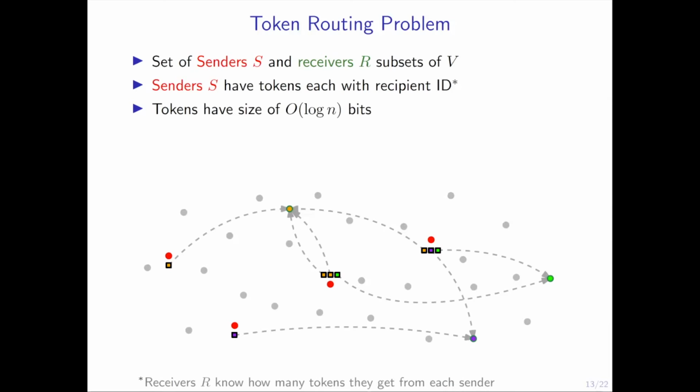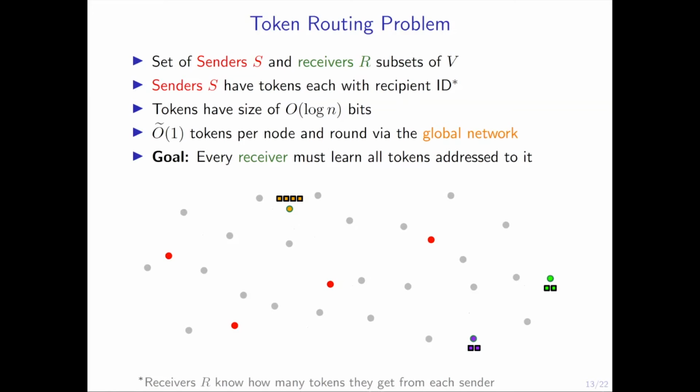Each token has a logarithmic size. So that means that at most O tilde of 1 tokens per node and round can be sent via the global network. Then the goal of this problem is that every receiver must eventually learn all the tokens that are addressed to it.